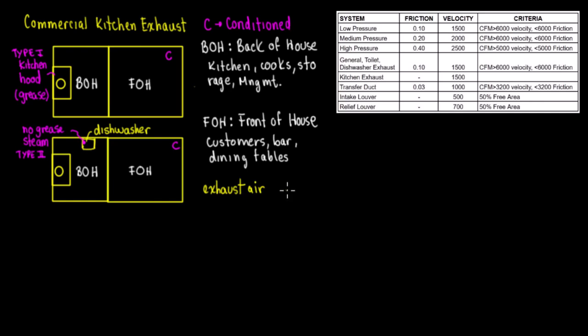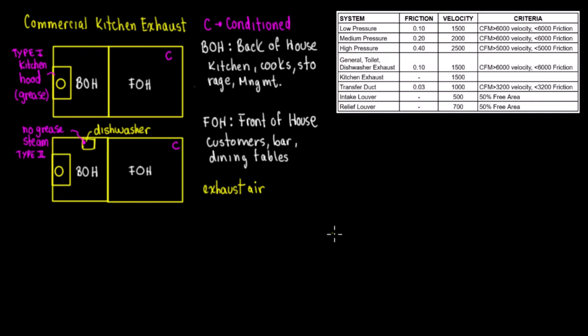Otherwise, if you are cooking hamburgers, for example, the clients at a fine dining restaurant will be smelling hamburgers already. What happens if you are on a date? You want to be refined, your date has a nice perfume and everything, right? You don't want the kitchen smells to go over there.